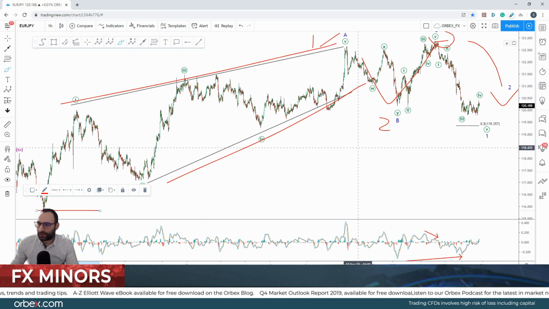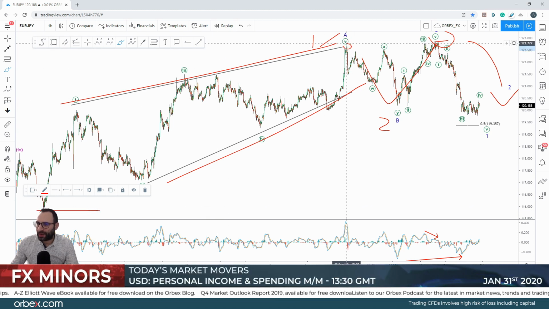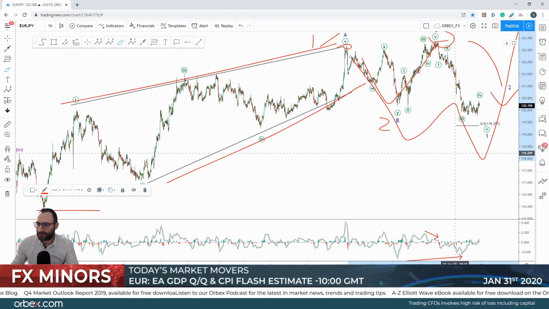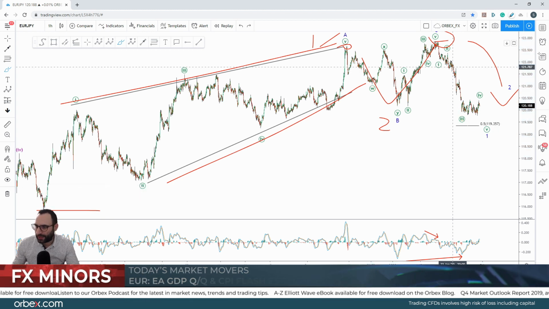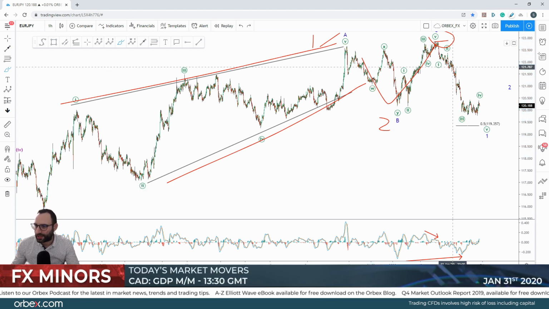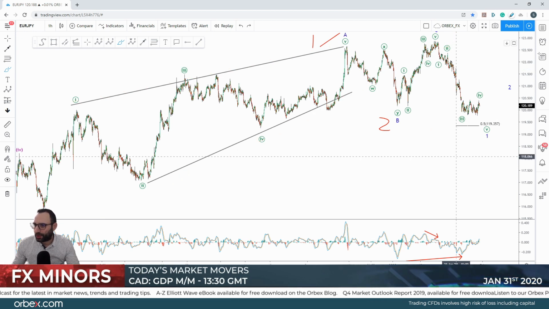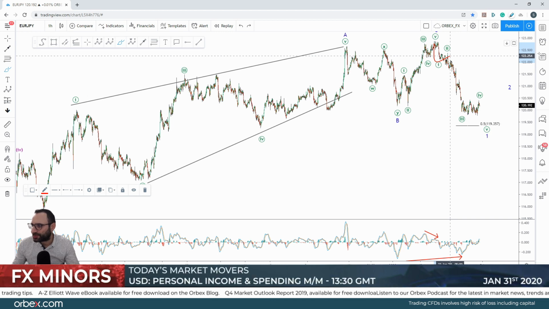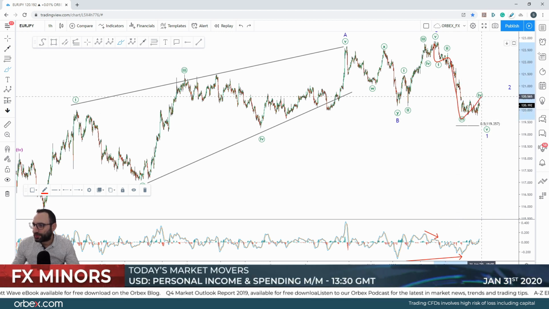Now, the other scenario, of course, is that we've had wave A here, then we might get a deeper B and a C, right? This is still the case, but with either scenario in play, we are looking for more downside. Now, in the shorter term, we've seen an impulsive move to the downside with waves 1, 2, 3, and 4 done.